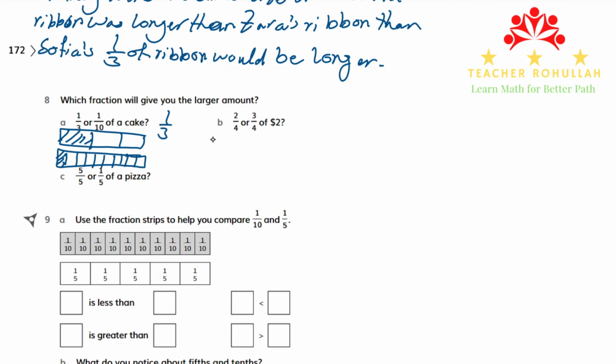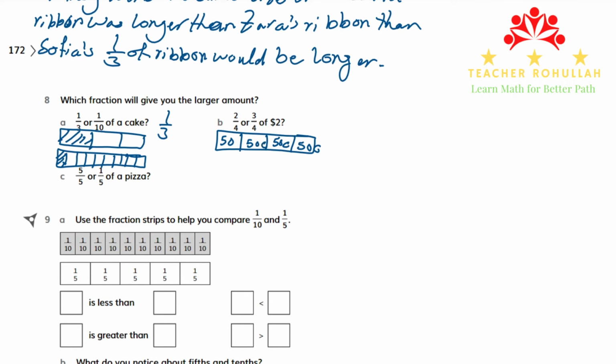In part B also we have 2/4 and 3/4 of $2. Again, I can show it by a strip. We have $2 here. You know that $2 can be 200 cents. If we cut $2 into 4 equal parts, each part will be 50 cents. 50 cents, 50 cents, and 50 cents.